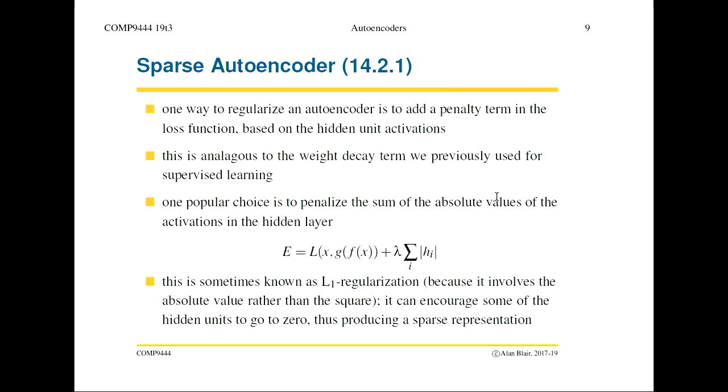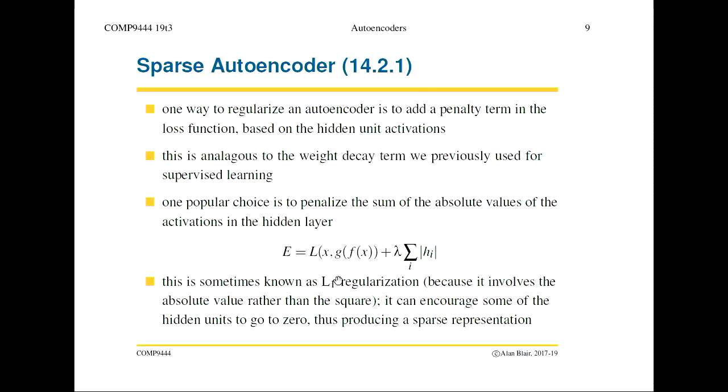If we use the absolute values, it's called the L1 regularization. If it's with the squares, we call it the L2 regularization because the thing is squared, whereas with the absolute value, it's raised to the power 1 in some sense.